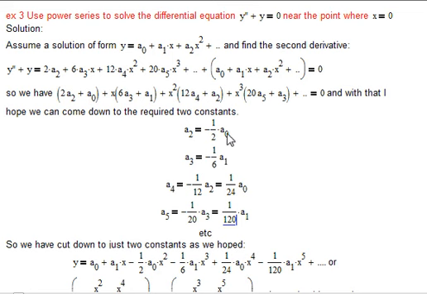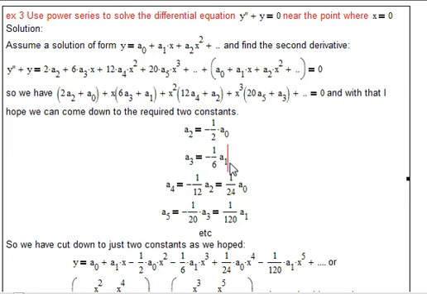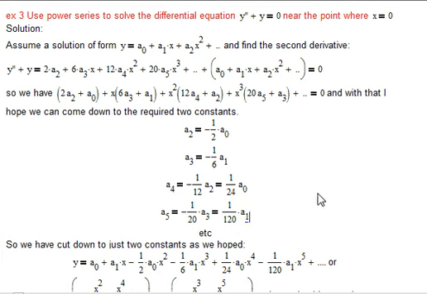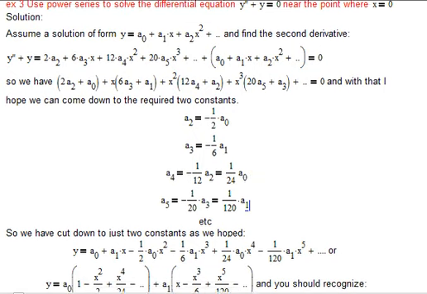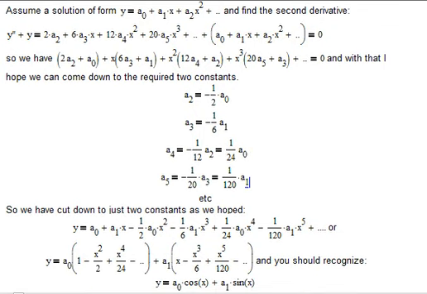I think you can see we'll wind up with only two constants, a0 and a1, if we continue in the same fashion. So we've cut down to two constants just as we hoped. Remember, this is second order, so we only wanted two constants.